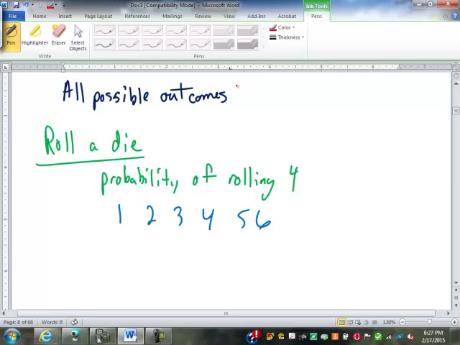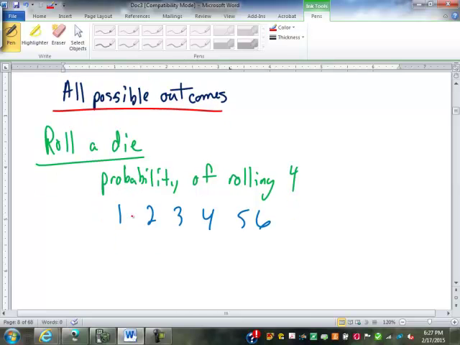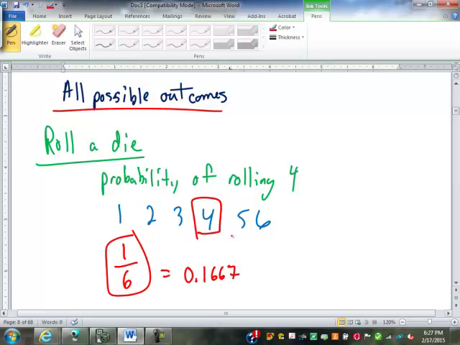There are 6 of them. But now we have the desired outcome. How many of the desired outcomes are in this list? 1. There's just 1 four in that list. So the probability is the 1 desired outcome divided by the 6 total. We can just leave it as 1 out of 6, or we can divide it out to be 0.1667, however we want to leave it.